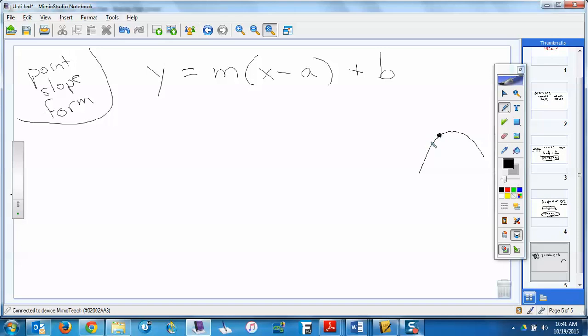This was a graph of the door opening. It opened, opened, opened, slowed down, stopped, and then started closing again. We wanted to find how fast that door was opening, which was the slope of the graph right at that point. That was the instantaneous rate of change. Remember that conversation? One of the things we're going to be doing a lot this year is finding the slope of a tangent line, or finding the equation of the tangent line.